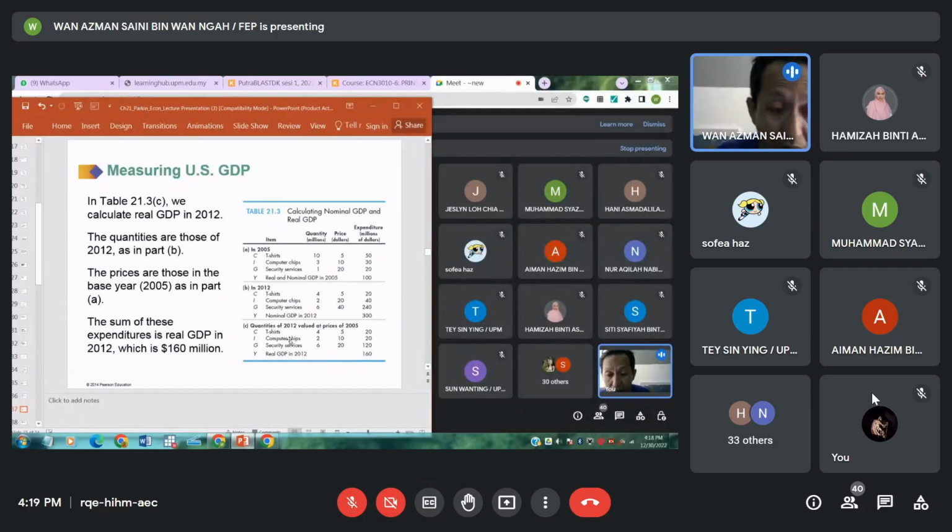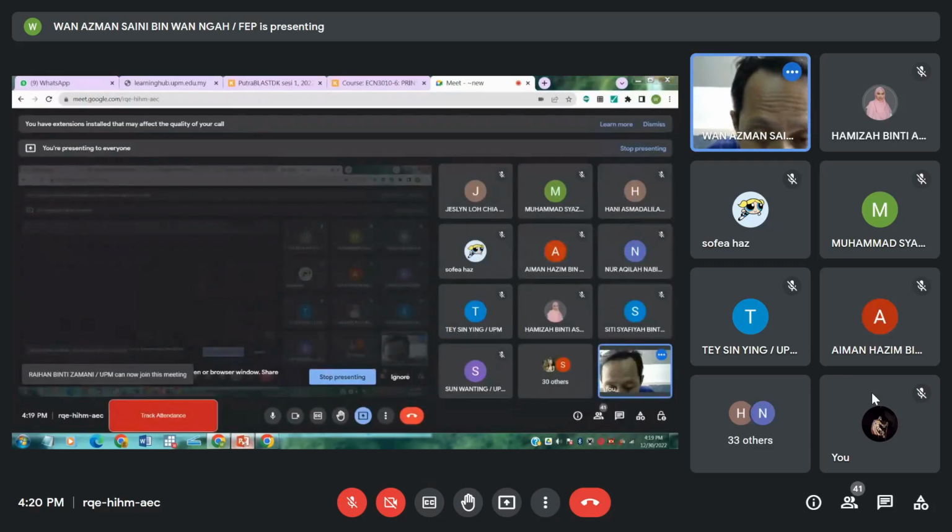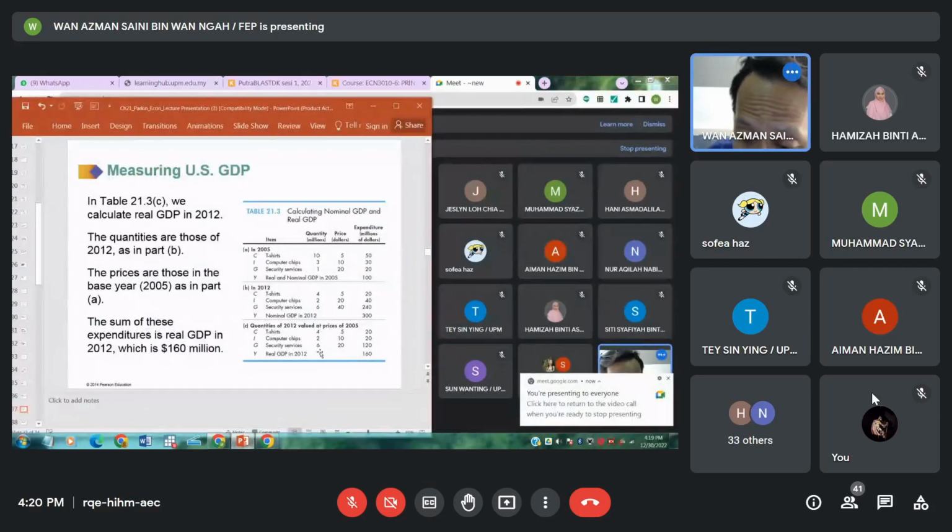We want to compare with 2005, so we are going to fix the price by computing GDP for 2012 using the price in 2005, because we want to see only variations in Q. So we fix the price, using the quantity that we have in 2012 and the price in 2005.